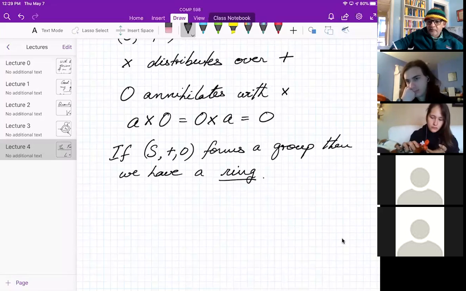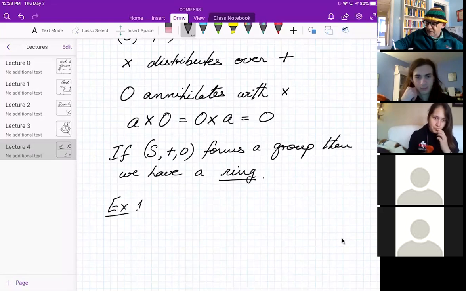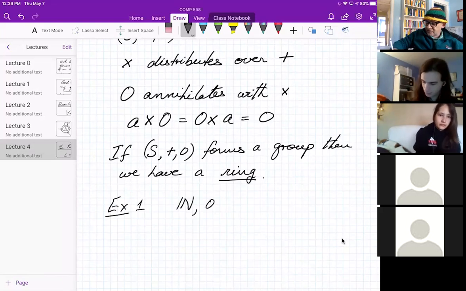So a very important example of semi-rings are, so simple example, natural numbers with the usual 0 and 1 and with the usual plus and times.